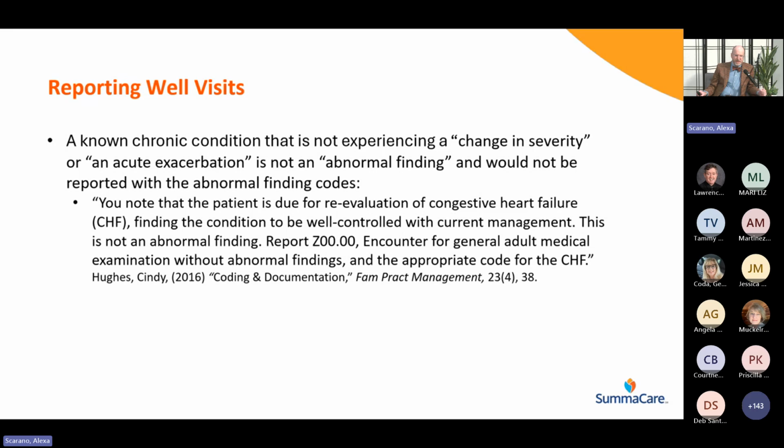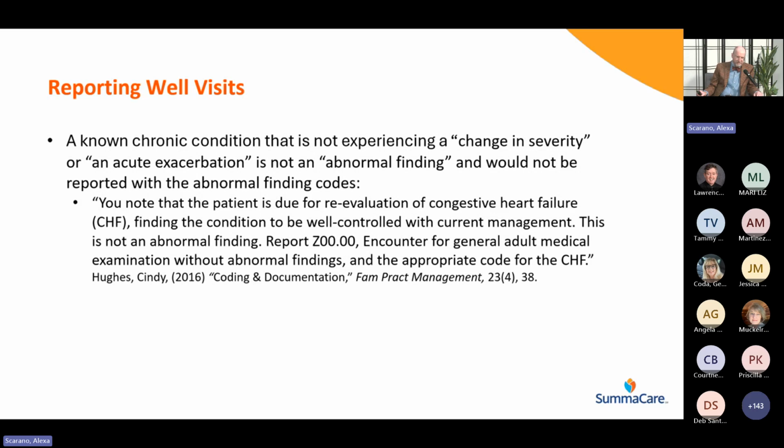And you see an example here on the slide. Note the citation here. It's from Family Practice Management. That's the publication by AAFP. So this is the family practice folks telling you this. And if you look at the date, this is easily a decade ago. So this really isn't news.